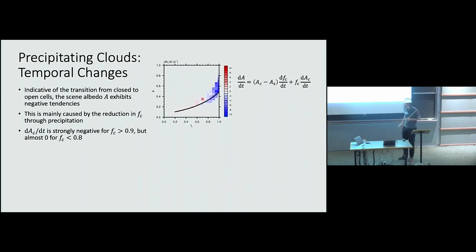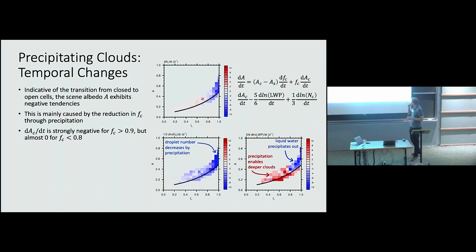To understand this better, we created a budget of the changes in the cloud albedo. The changes in the cloud albedo are determined by the changes in the liquid water path and the droplet number concentration. If you do this, we can see what we expected: the changes in the number concentration are negative throughout the entire FC state space, which makes sense because we have precipitation all over the state space, and precipitation is always removing particles. In the liquid water path, we have only a negative tendency for values above 0.8, which is liquid water removed by precipitation.